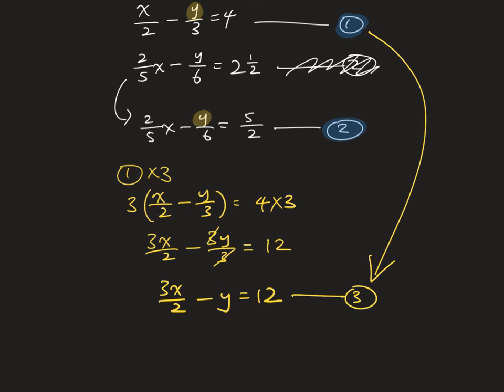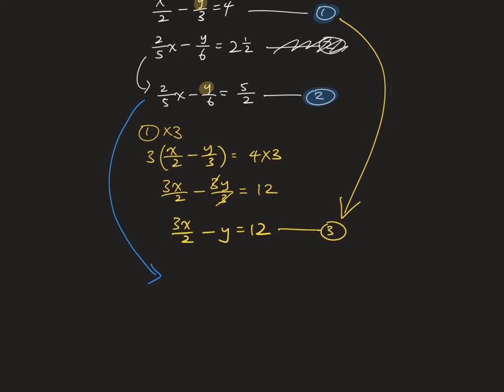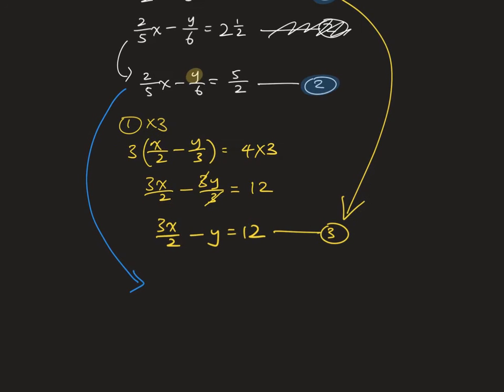And so now let's find a version of equation 2 that enables us to have y not be part of a fraction. So this is y divided by 6. So simple, let's just take equation 2 and multiply it by 6. So we say 6 and then multiply it by the left-hand side. Now if you are getting lost by this point, I think you should go back and watch part 1.